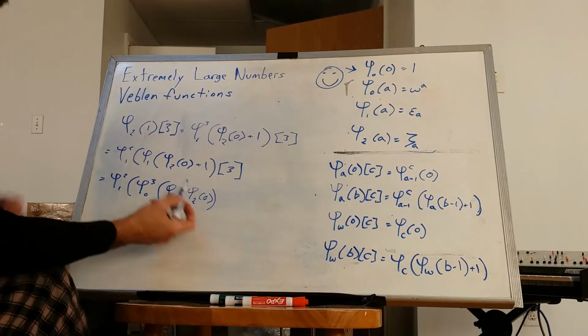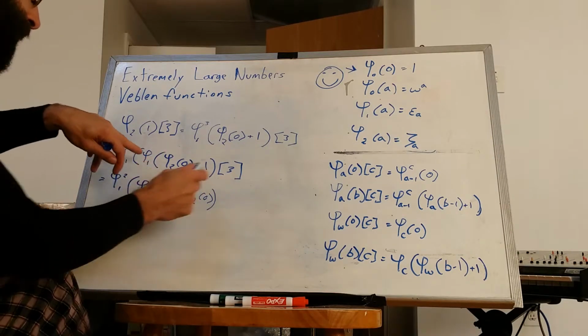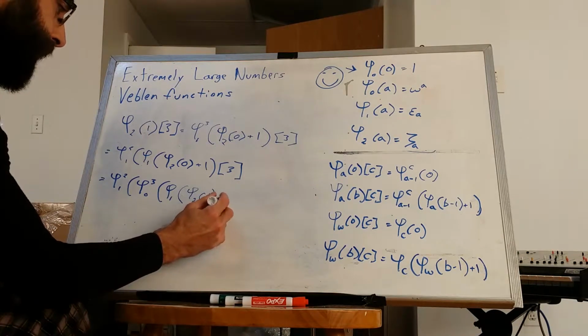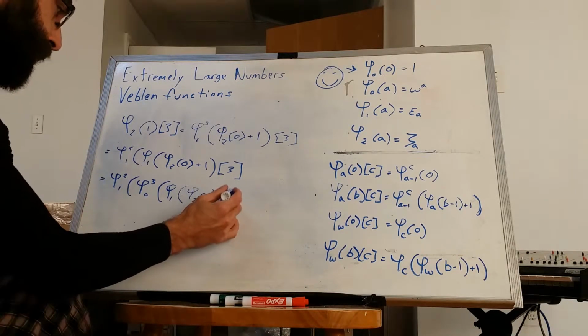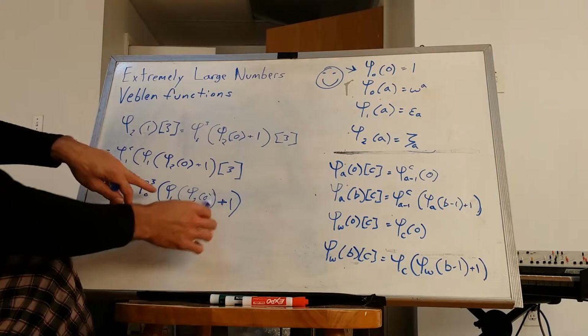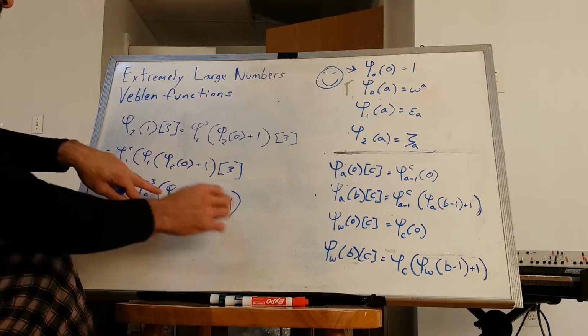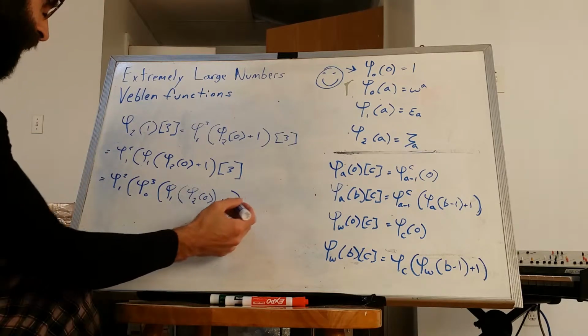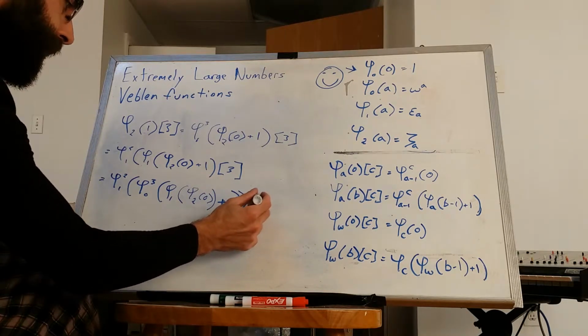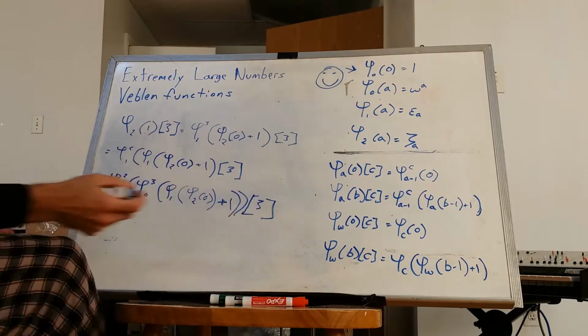And then we're going to plop this on the outside of this function here to escape the fixed point trap. So now we're going to get this plus 1 closed bracket. So you can imagine this whole thing is inside of this function here. Okay. And then that's all diagonalized by 3.